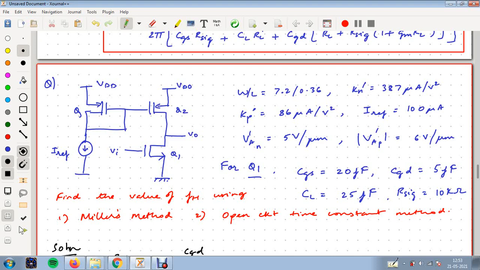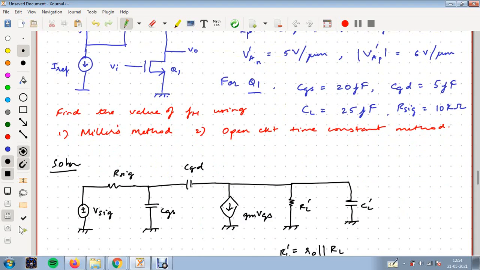So when I take the gain of Q1, it is actually minus gm into R naught 1 parallel R naught 2. Remember, if this is an active load, earlier we had RD at Q2, so the gain became minus gm into R naught parallel RD parallel whatever load resistance was there.